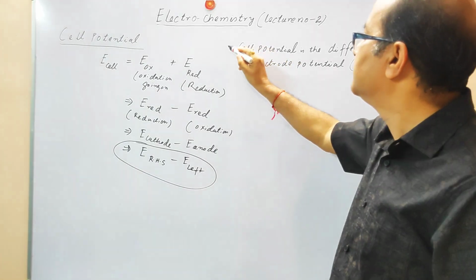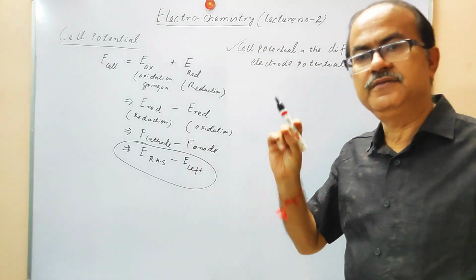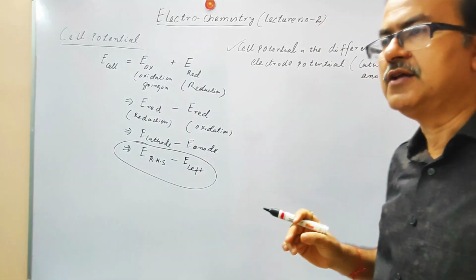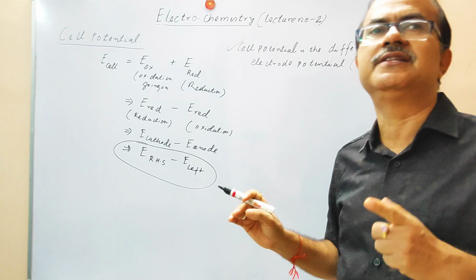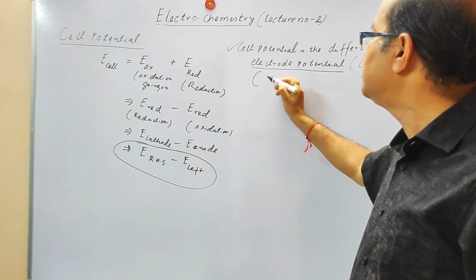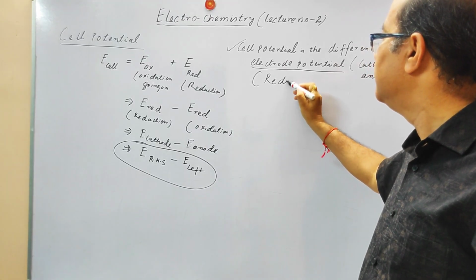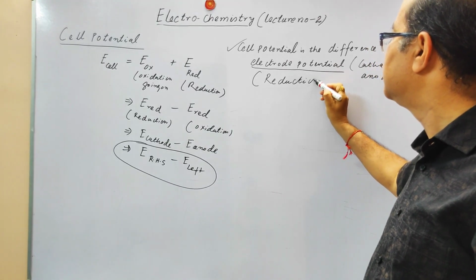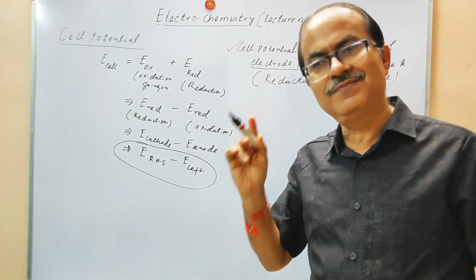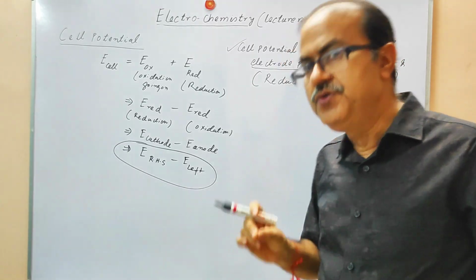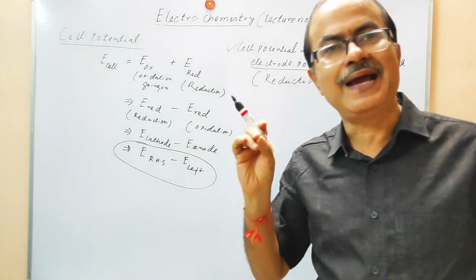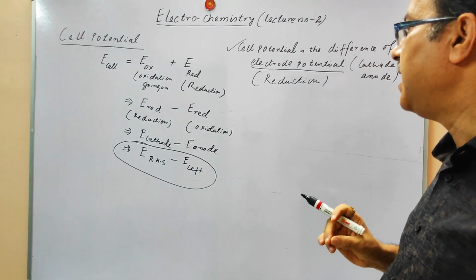The cell potential is nothing but the difference of the potential at the cathode minus the potential of the anode, and that is the reduction potential. The potential we are talking about, you have to always remember, is reduction potential, not oxidation potential. It is very simple: the difference between the electrode potential at the cathode minus the electrode potential of the anode.